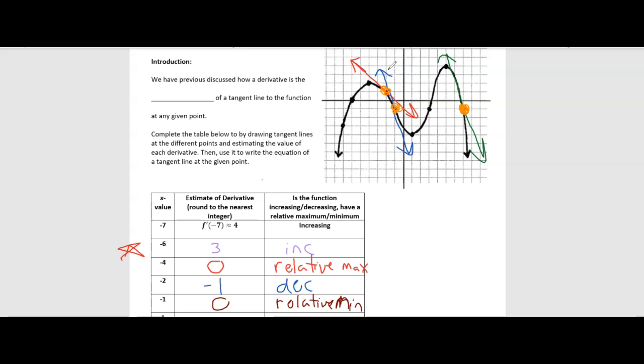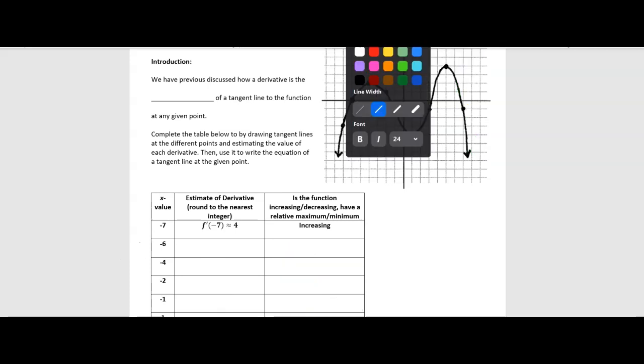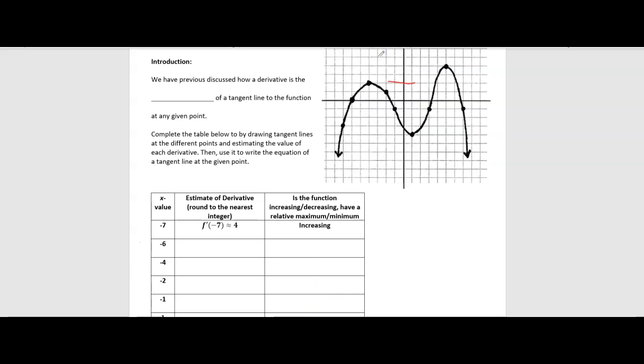The other option we had, right, was when the derivative was neither positive or negative. So our first example was when the derivative was 0, but we had a relative max.